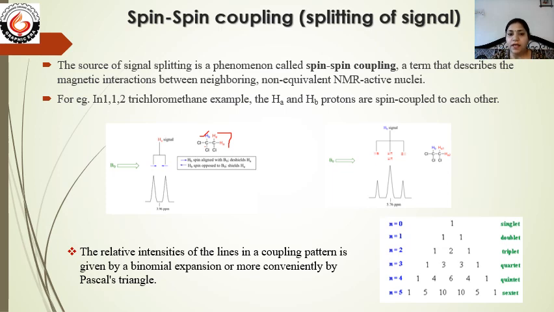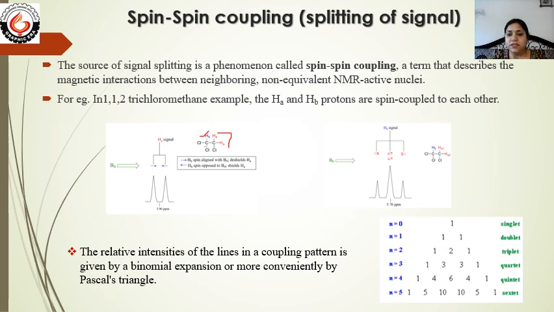If we talk about HA, its signal will be split into two parts because the neighboring hydrogen is only one. In case of HB, it will give a triplet.